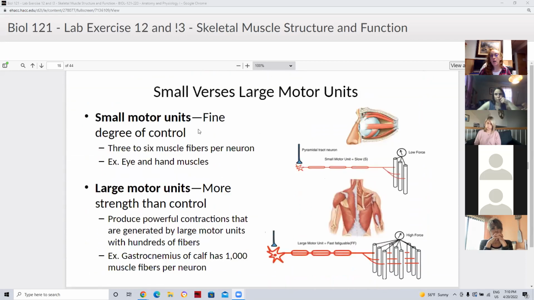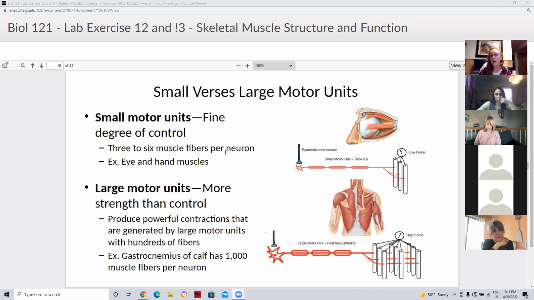We have small motor units, which are maybe 3 to 6 muscle fibers per neuron. So small motor units are defined as the fact that the neuron only innervates a few muscle fibers.